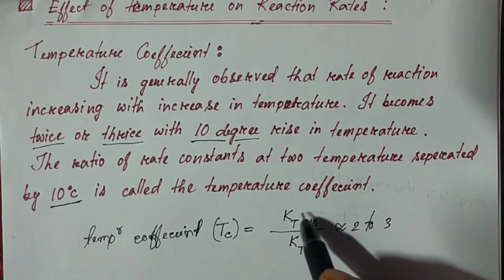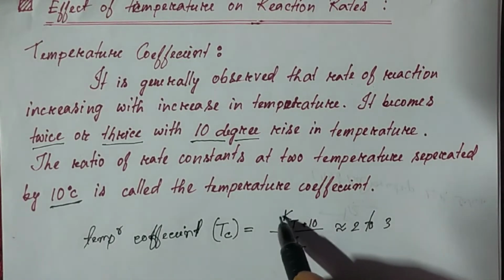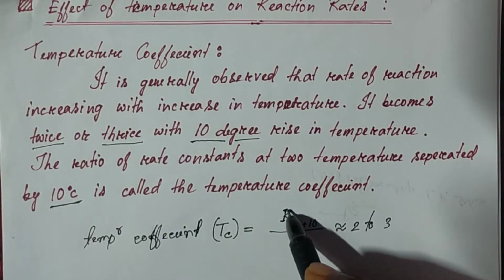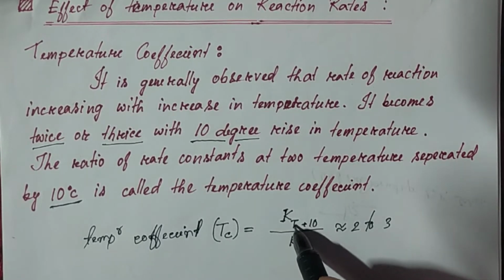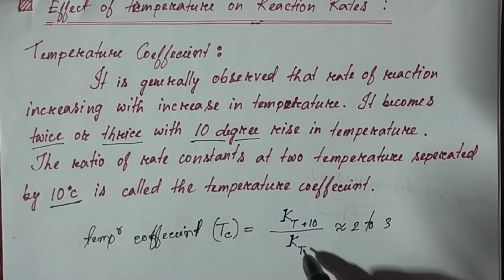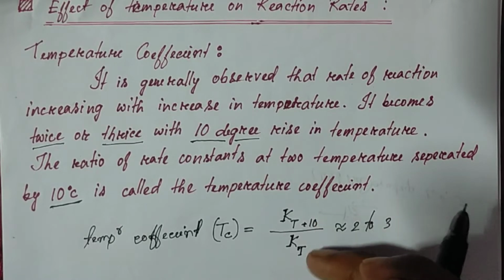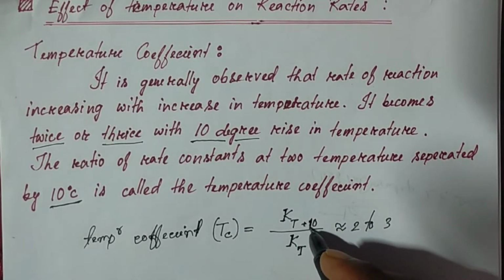That means here K is the rate constant at temperature T plus 10, and here K is the rate constant at temperature T. That means the difference between the temperatures is 10 degrees.